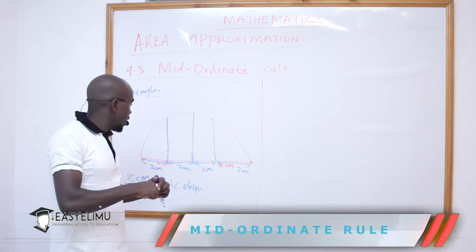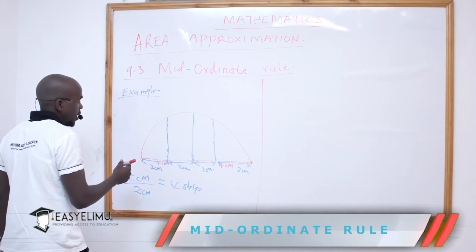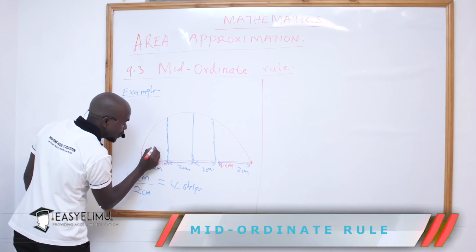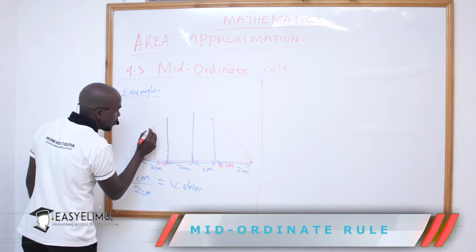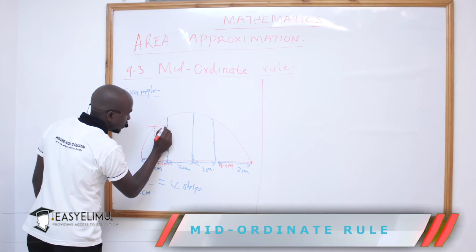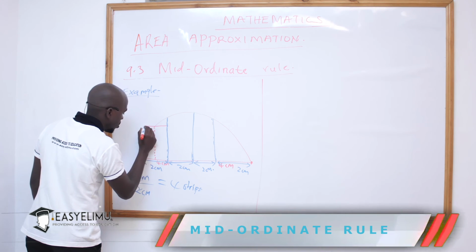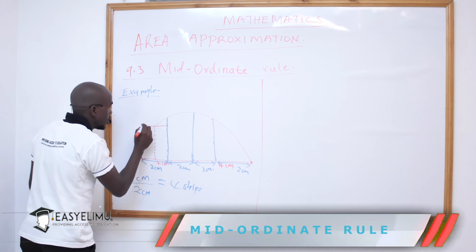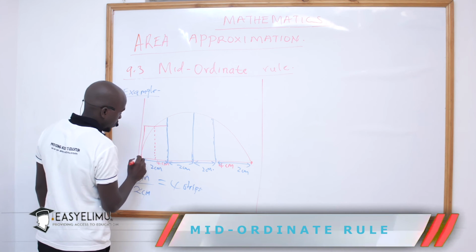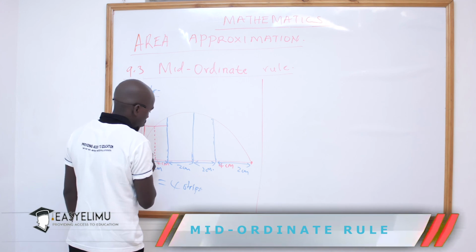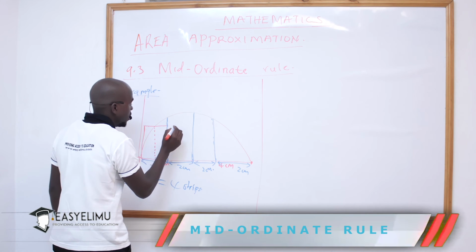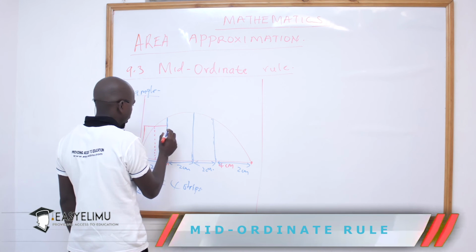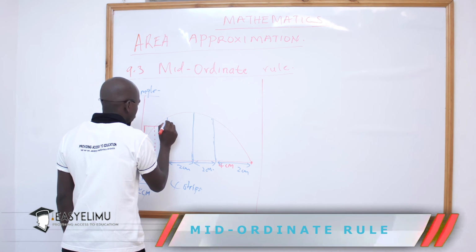Now, if it is a graph, you will have to take the midordinate of each strip, and you will find it will cut both out and in. This one is also cutting the same way.